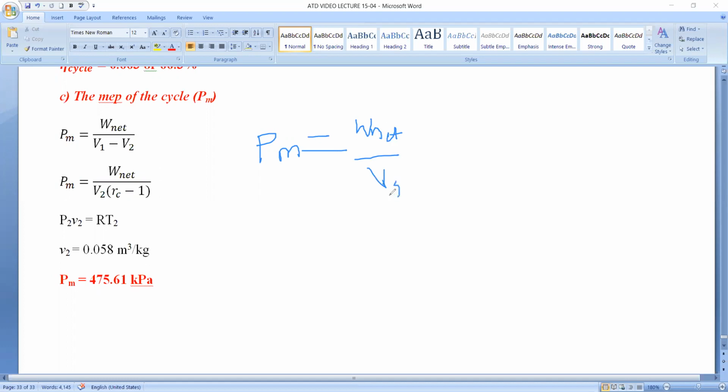So swept volume is the difference between V1 and V3, or V1 and V2. You can take it as V3 also, because V2 equals V3. Or the Vs can also be written as V1 minus V2, or just take V2 outside the bracket. You will get V1 by V2, or V1 by V2 is RC, minus 1, and outside the bracket V2 as it is.